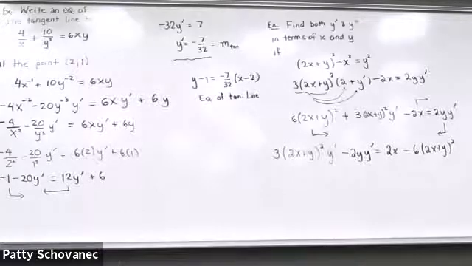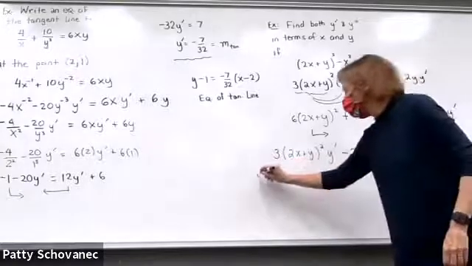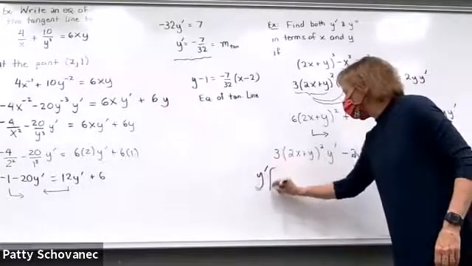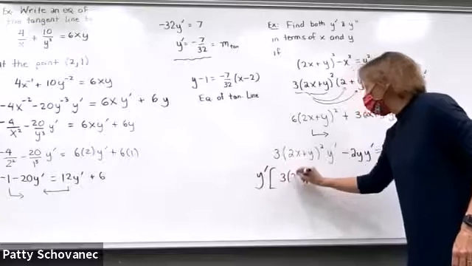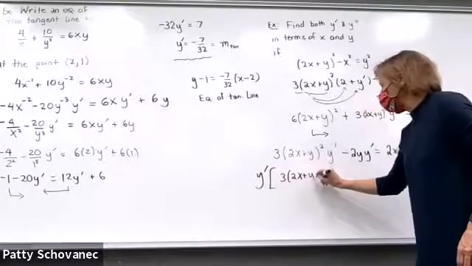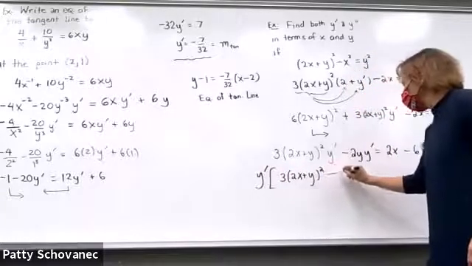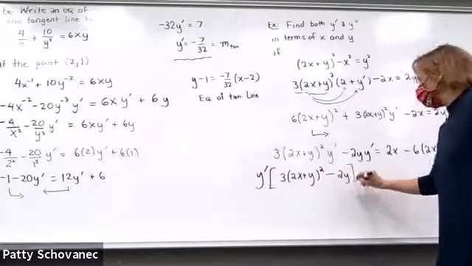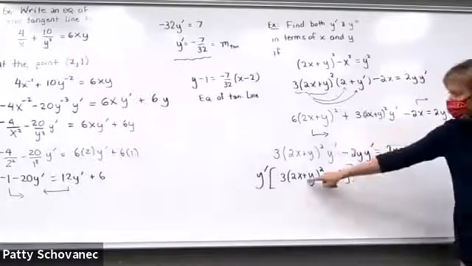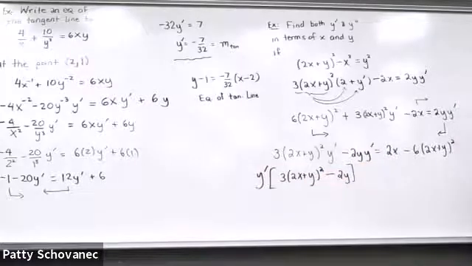And once you get the y prime terms by themselves, you can factor out the y prime. If I take the y prime out of here, I have the 3 times 2x plus y all squared.